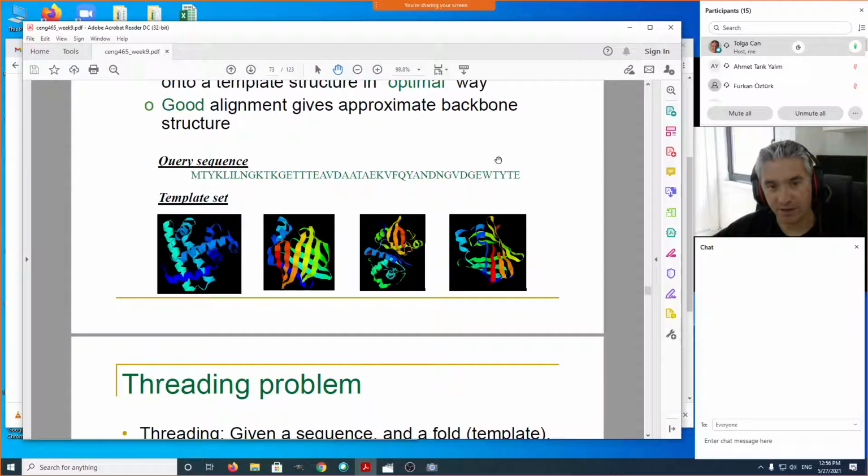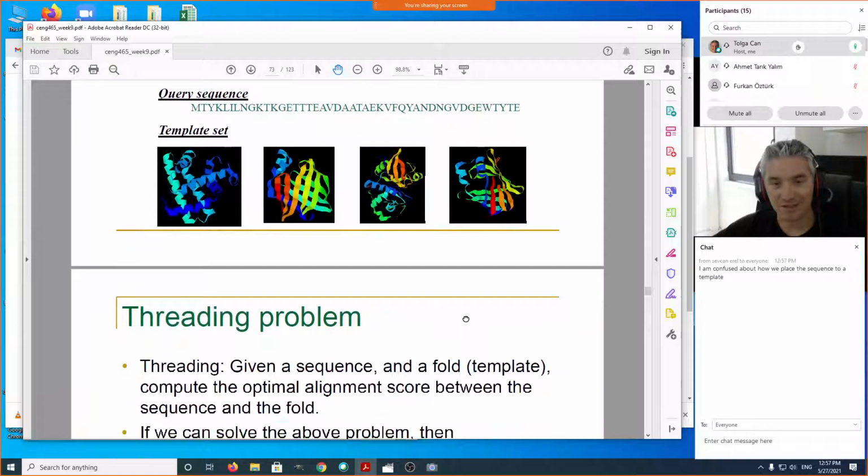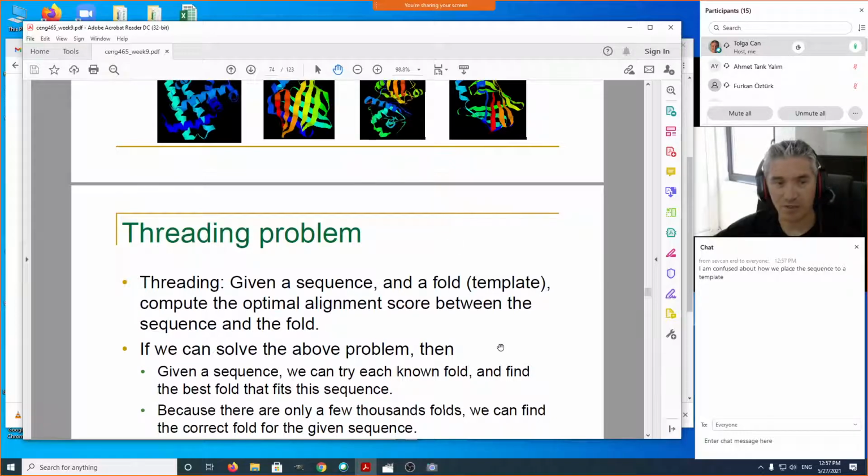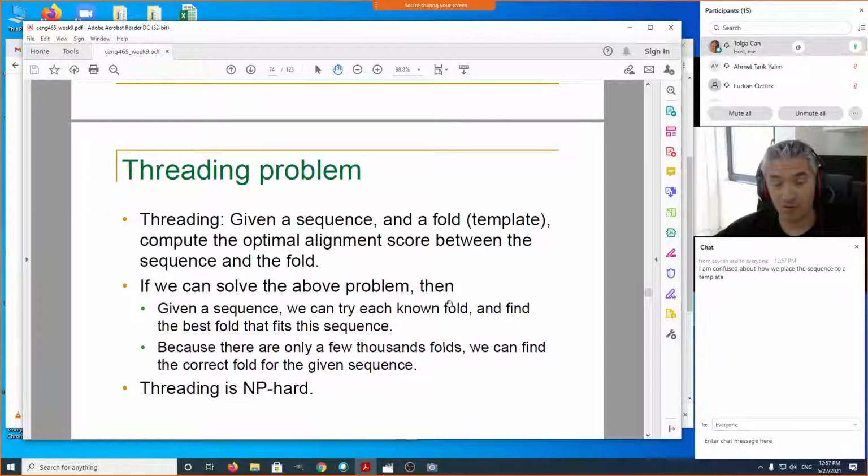When we try to align our query sequence against a template set, for each of these templates, just like that WHAT_CHECK program does, we just ask ourselves whether such a structure is feasible. We compute some energy functions in that case, and again, it involves lots of biochemistry, biophysics, so I'm going to skip those parts. I'm just going to give you the overall idea of how we place a sequence to a template.